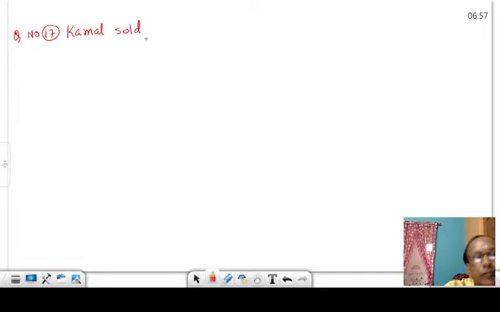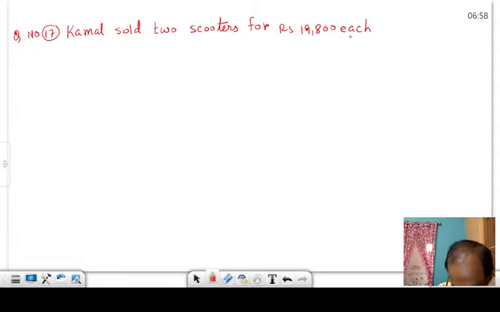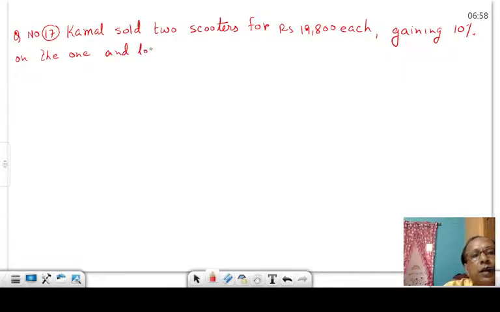Kamal sold 2 scooters for rupees 19,800 each, gaining 10% on the one and losing 10% on the other.